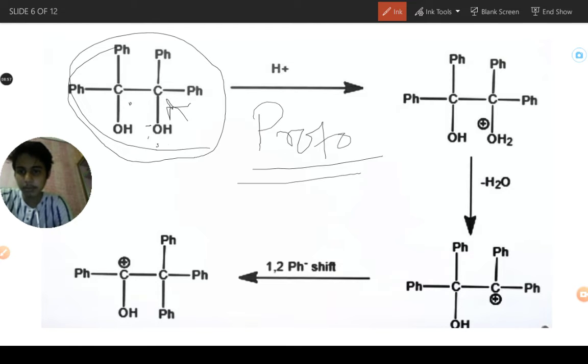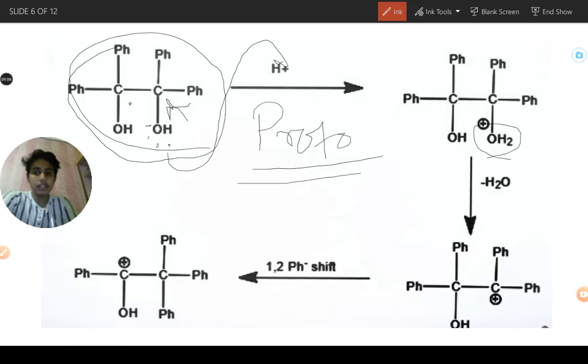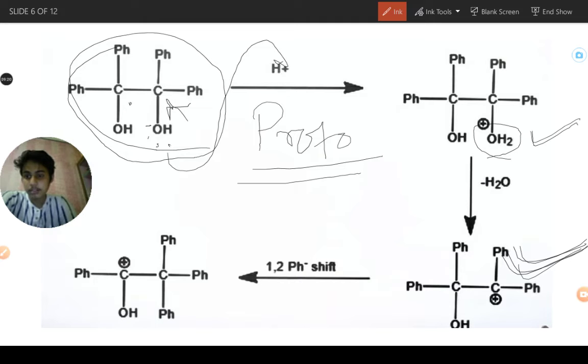As this is a lone pair, it will attack H plus and give you OH2. After this step, the second step is dehydration. When dehydration occurs, the H2O is removed, and a stable carbocation is formed here.